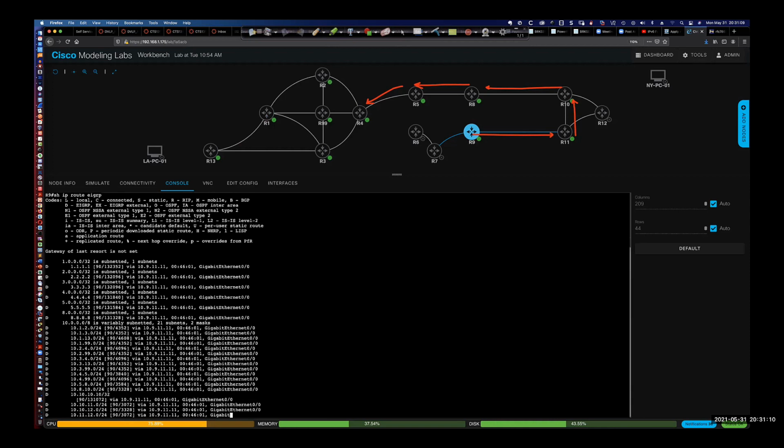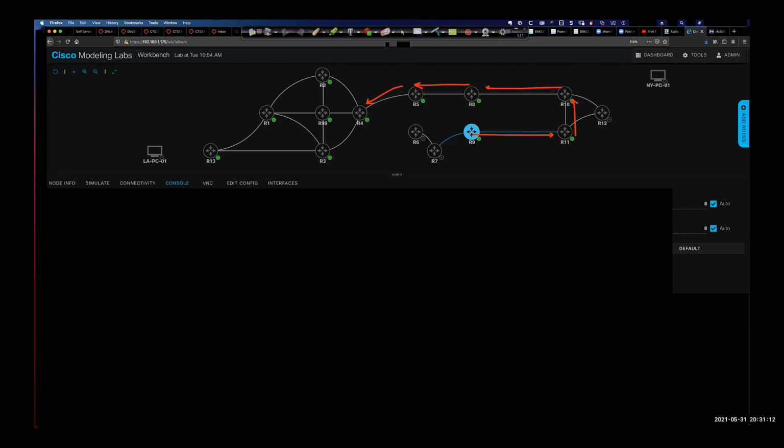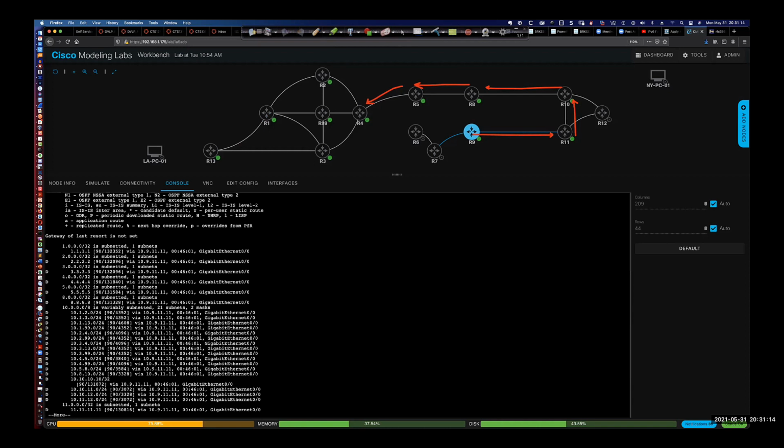And where are we at? There it is right there. I apologize for the small font here. 10.3.13.0/24, right? It's a /24.